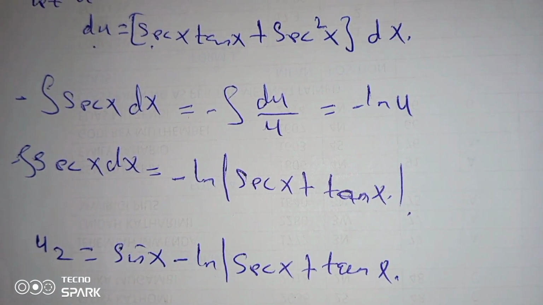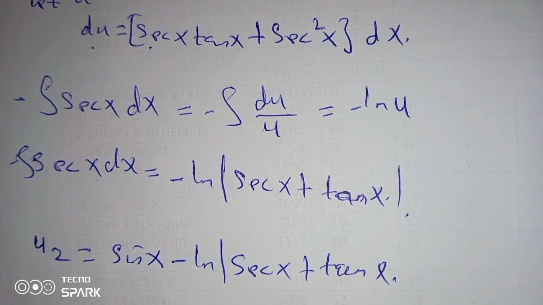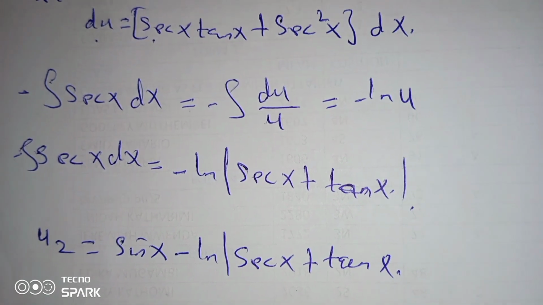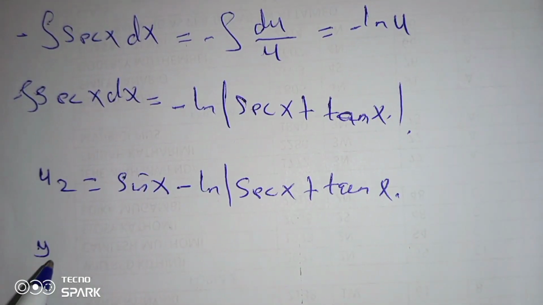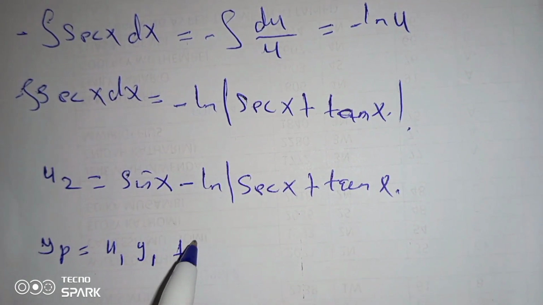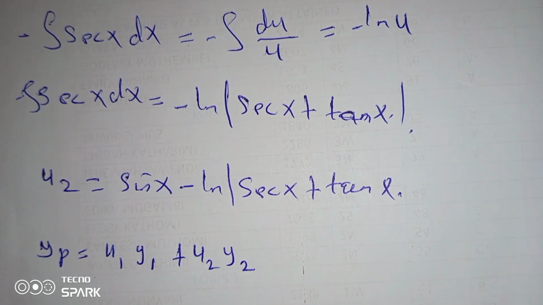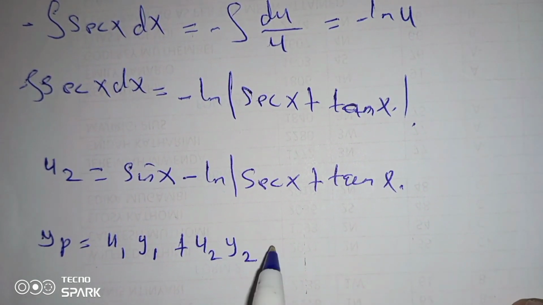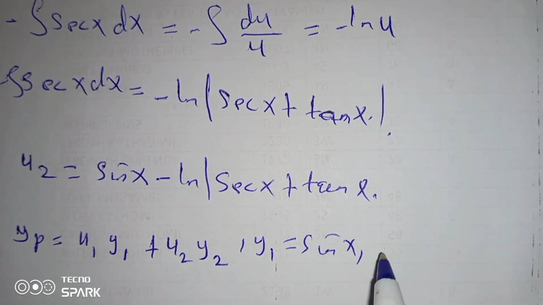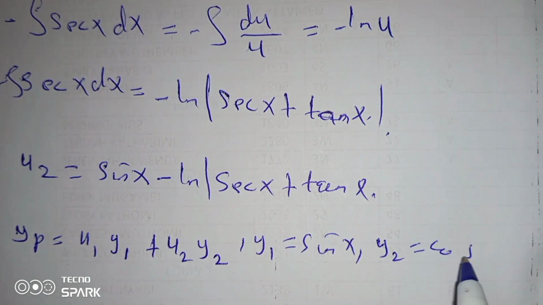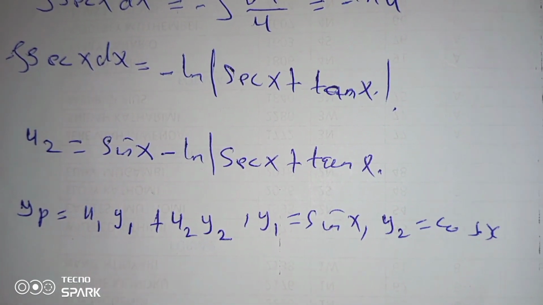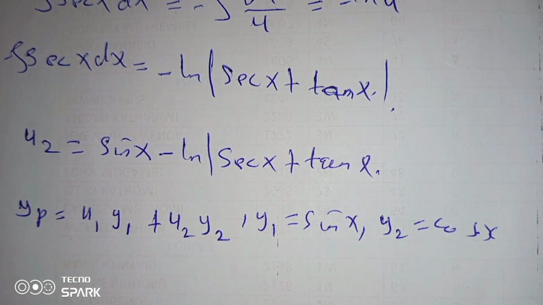Then from there now, we write our yp. Our yp, particular part, will be given by u1 y1 plus u2 y2. Note that our y1 is equal to sin of x and our y2 is equal to cos of x. So our u1, we found our u1 as negative cos of x.